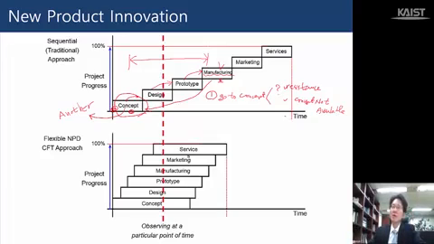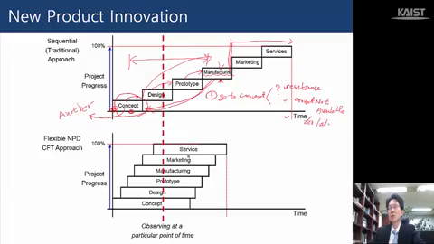Or there is a third possibility. In other words, we need to introduce our product very shortly. In a short period of time, we have to introduce a new product to the market. But if you go back to the very beginning, it's too late, right? It's too late.